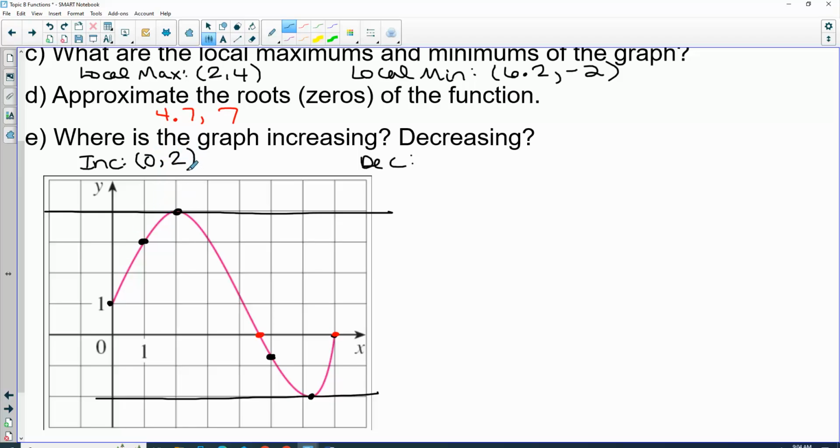And if you use brackets, that's fine. What happens at 2? Decreasing from 2 until, what do we call that, about 6.2? And then after 6.2, what happens? So we did the union symbol in between. And then it keeps rising until we get to 7, and then the graph ends.